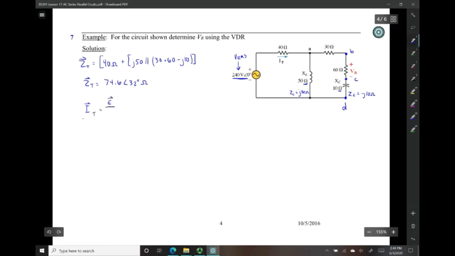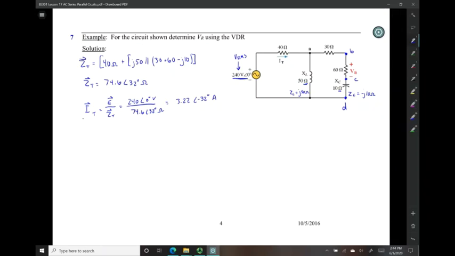Right, so I'll divide my voltage source by my total impedance, plugging in the values for both of those, and that will give me 3.22 amps, angle minus 32 degrees.